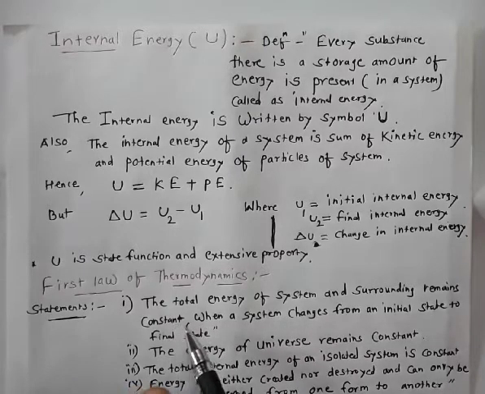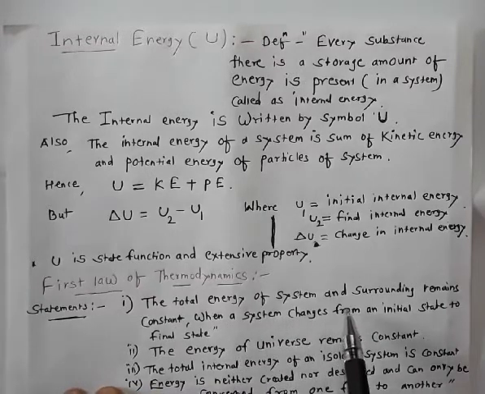First statement: the total energy of the system and surroundings remains constant when a system changes from an initial state to a final state. What do we mean by system?